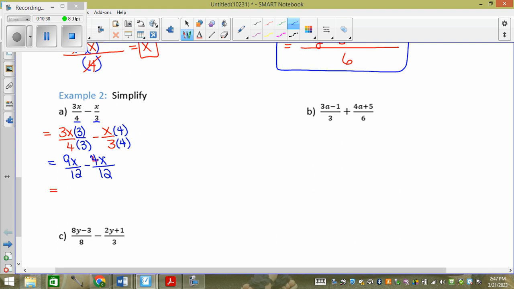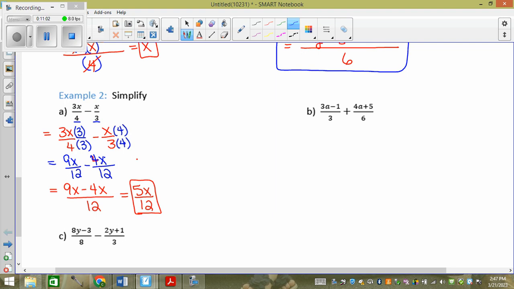So now I'm going to get 9x minus 4x all over 12. What's 9x minus 4x? What's 9 xylophones minus 4 xylophones? 5 xylophones. And no NPVs because there is no variable in my denominator.